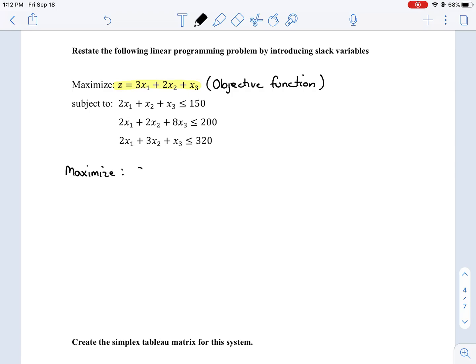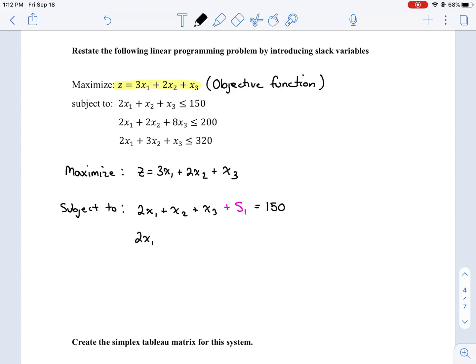So you want to maximize z is equal to 3x sub 1 plus 2 times x sub 2 plus x sub 3, subject to the following constraints. So the first constraint, I'm going to add the first slack variable, and I'm going to set that equal to 150.